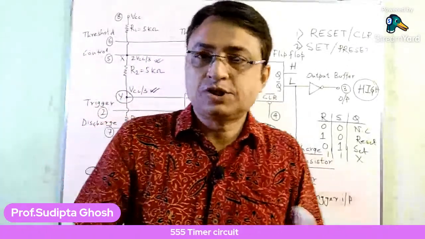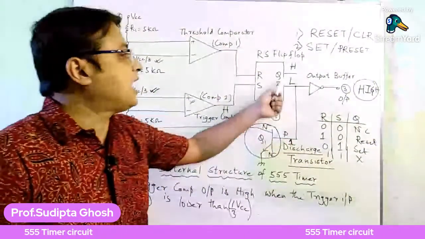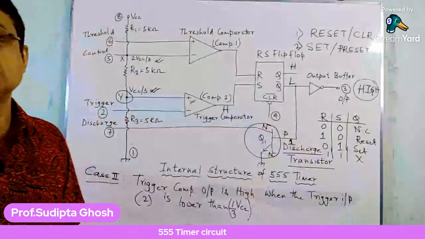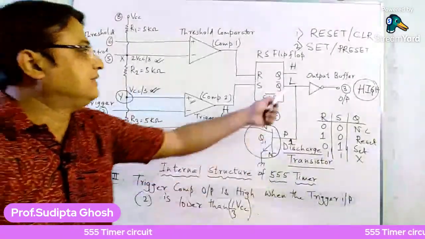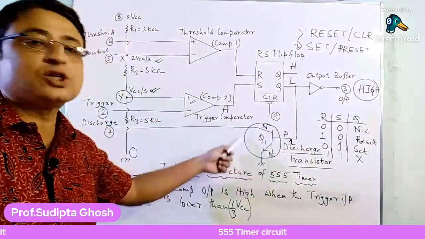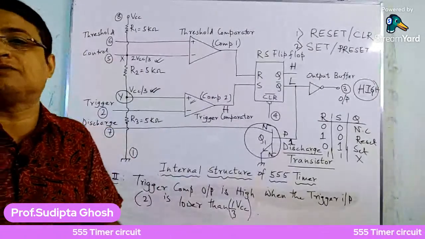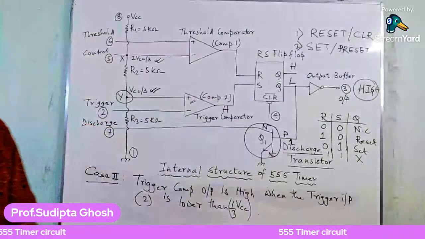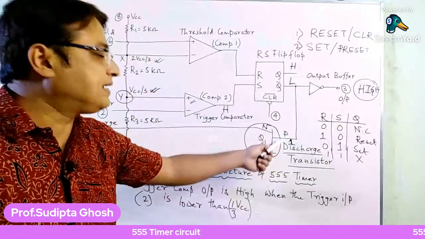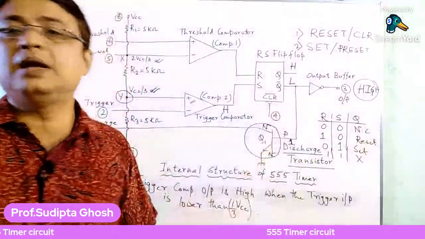Okay? So now here a low appears across the Q bar terminal, and this low transmits to the base of the Q1. Now the base of the transistor is low, and as you can see, that P-type terminal is low.